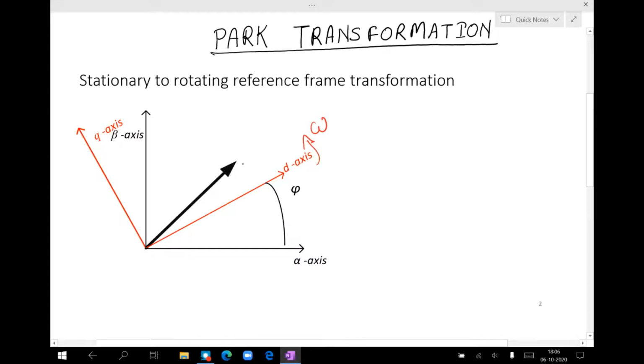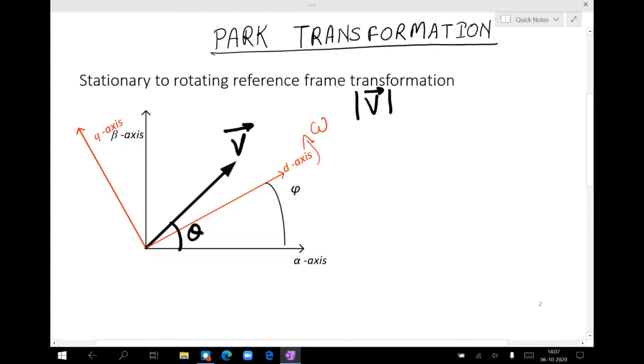We call this phasor V. The magnitude of this phasor is written like this, and this is the angle of this phasor in alpha beta reference frame. Let us call this theta.